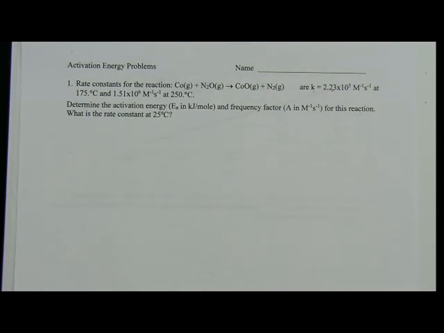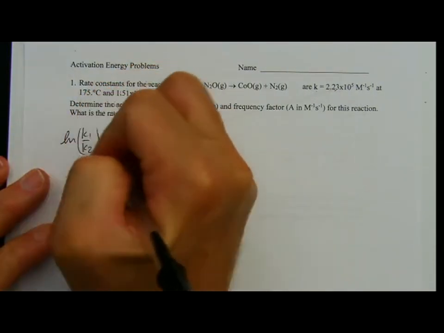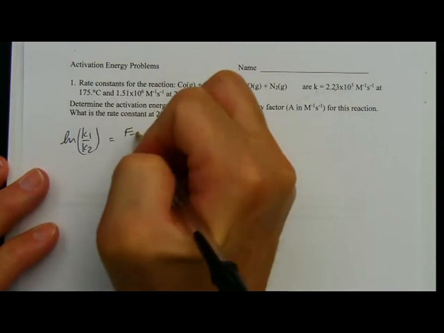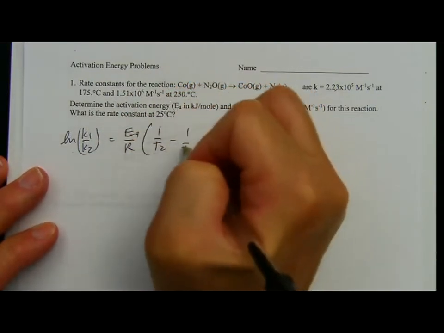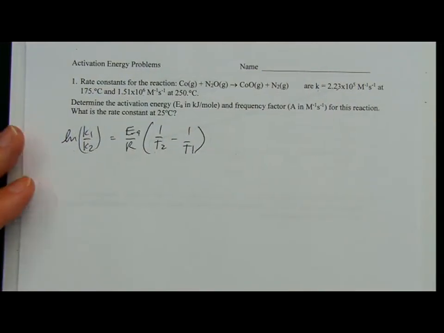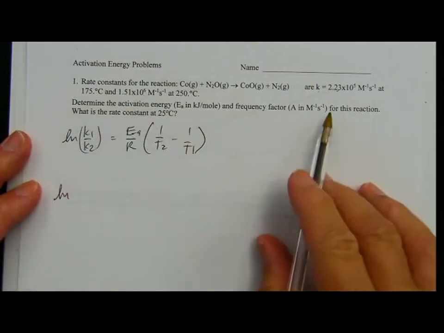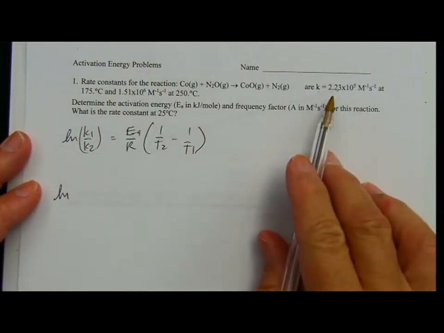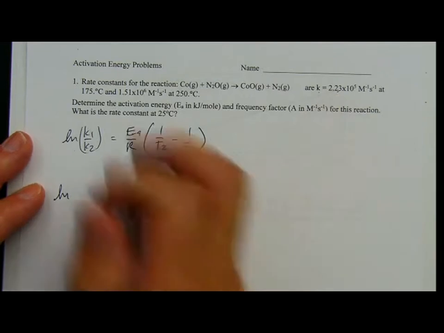Second one, meaning ln of k1 over k2 equals E sub a over R times 1 over T2 minus 1 over T1. Okay? So that will become ln of k1, and it doesn't matter which one you call k1 as long as you keep the temperature consistent.